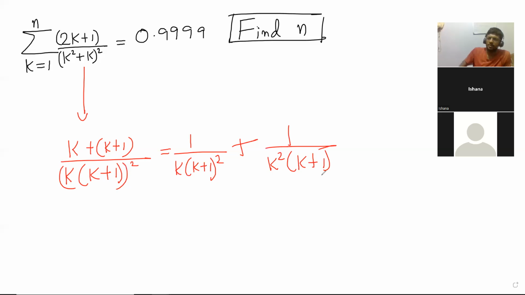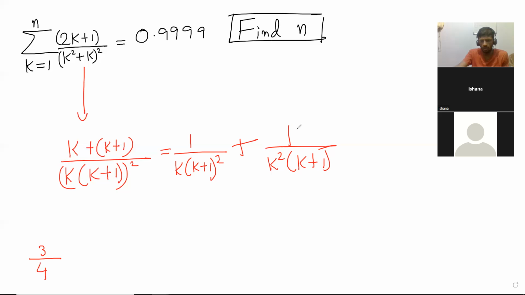You can write it like this if it's useful. So won't it be k square into k plus 1 the whole square? No, because that's the thing, right?